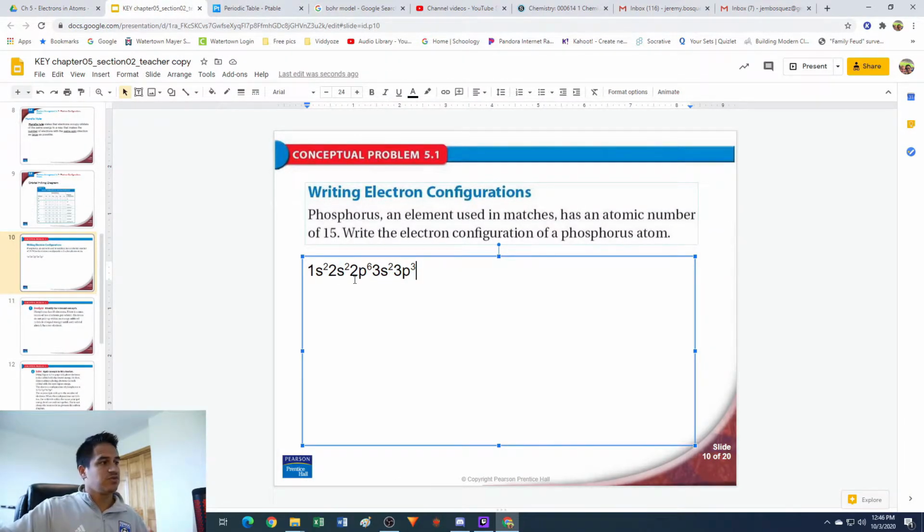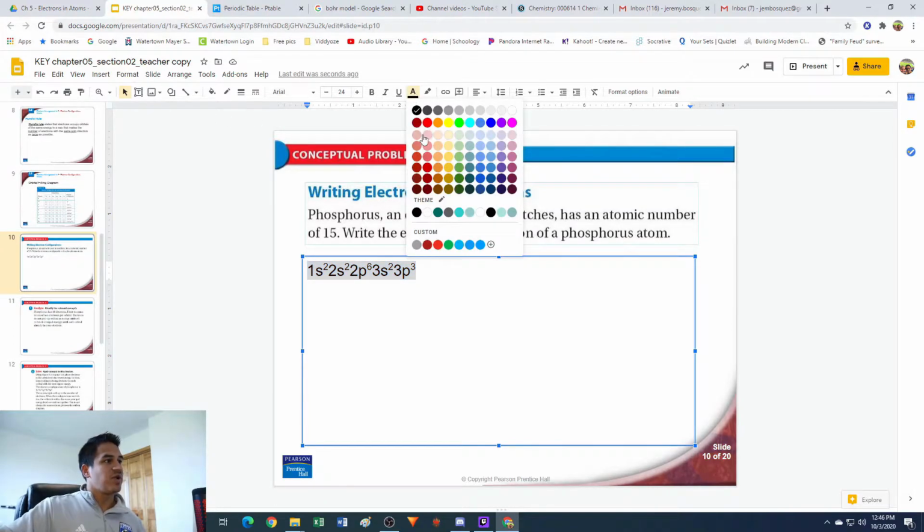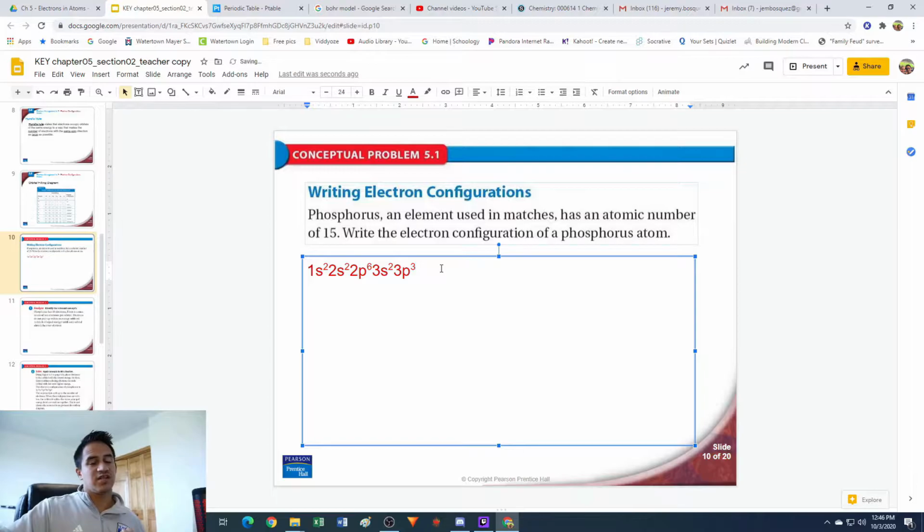1s2, 2s2, 2p6, 3s2, 3p3. So this basically tells us where all 15 electrons are in phosphorus. By the way, we know that there are 15 electrons because if you count up all the exponents, you should get 15.